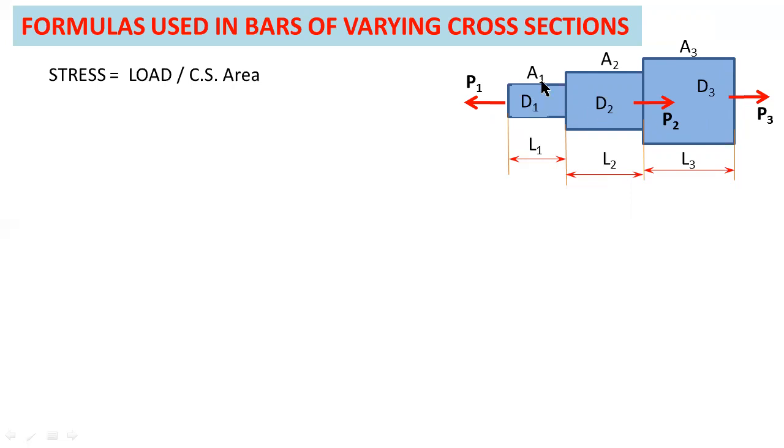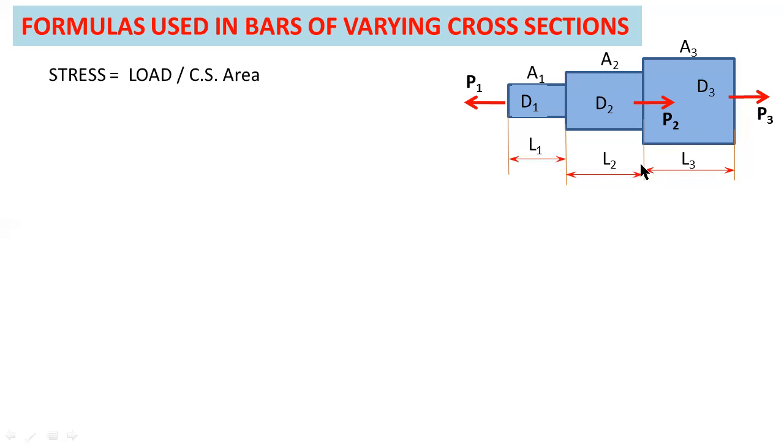A1 is the area of the first section, so pi by 4 D1 square. D2 is the diameter of the second section, and A2 is the corresponding area, so A2 equal to pi by 4 D2 square. D3 is the diameter of the third section, where the corresponding area is A3. Therefore A3 equal to pi by 4 D3 square.